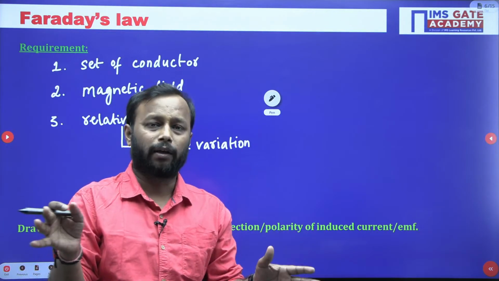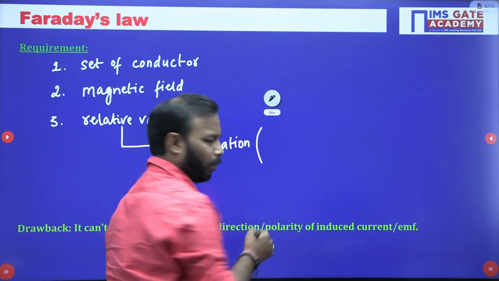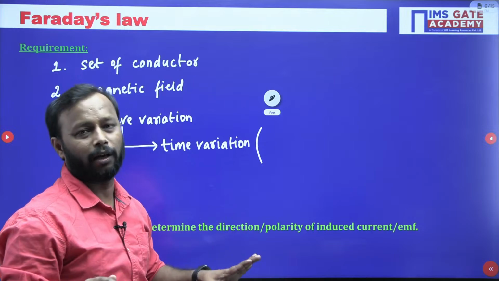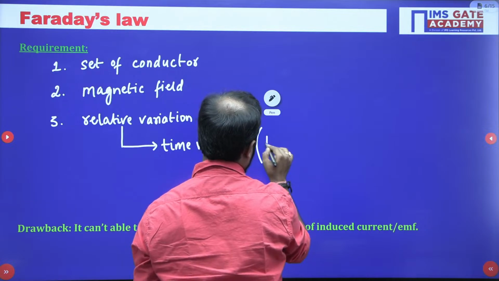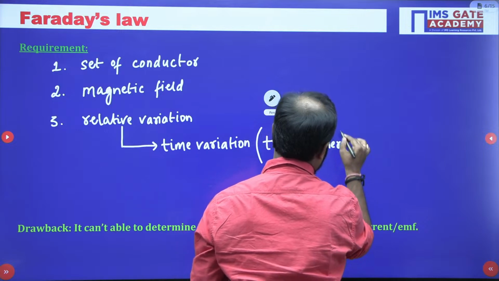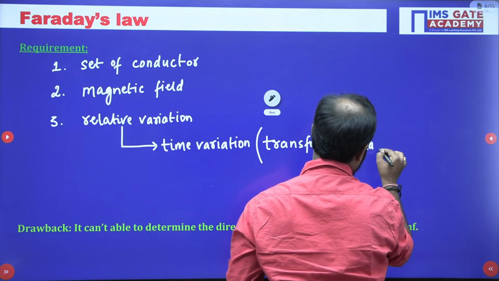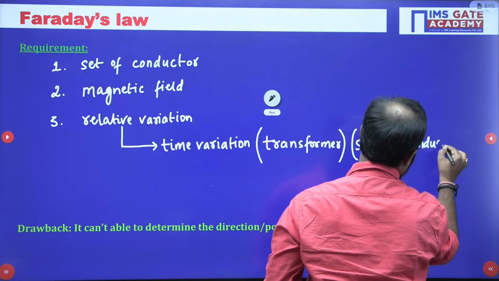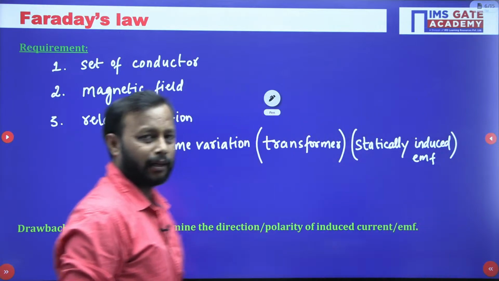Such kind of EMF is induced in a transformer and is known as statically induced EMF, because here the conductor is stationary as it is not moving. So this is used in transformer. Statically induced EMF.